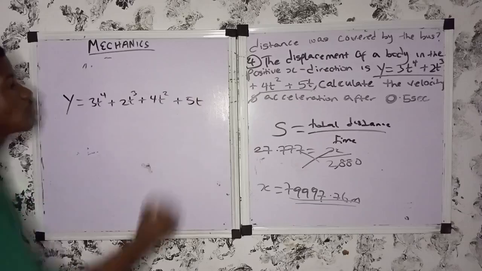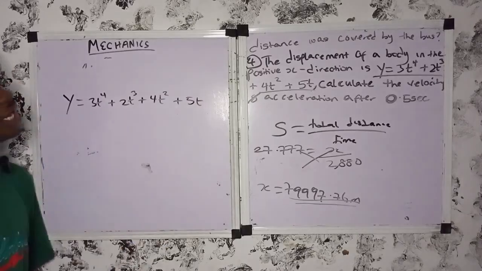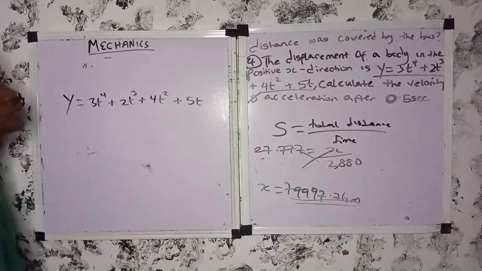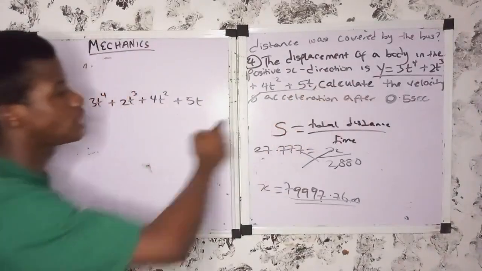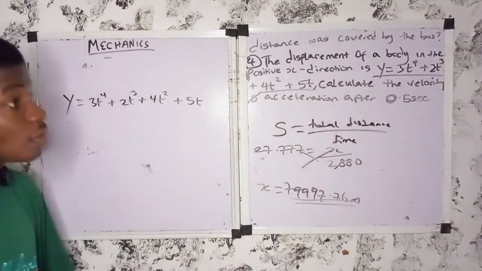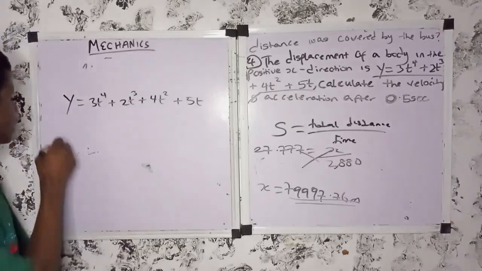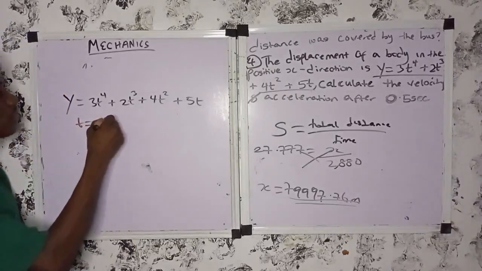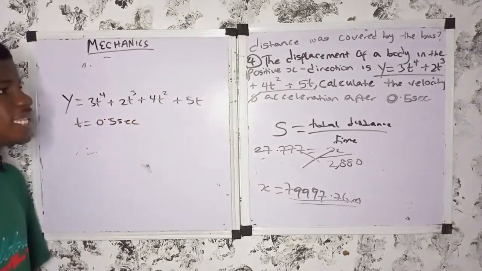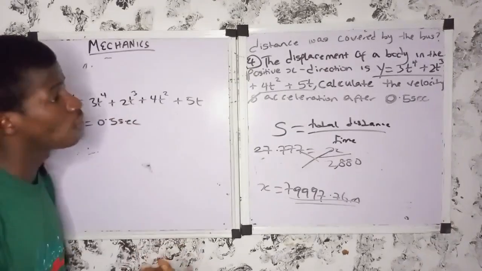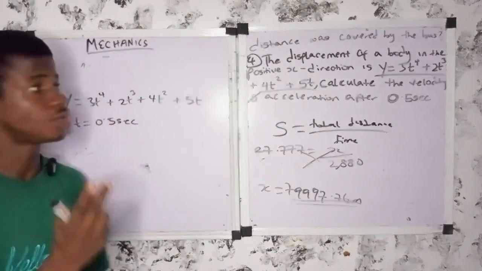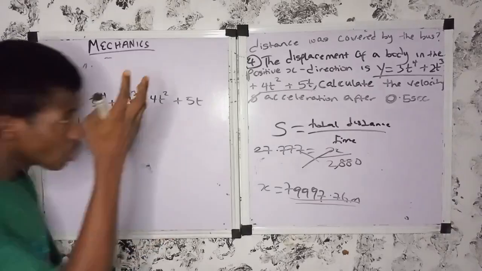They said this is the displacement of a body in the positive x direction. Calculate the velocity and acceleration after 0.5 seconds. The time is 0.5 seconds. Now they are telling us to calculate the velocity and the acceleration of the body.